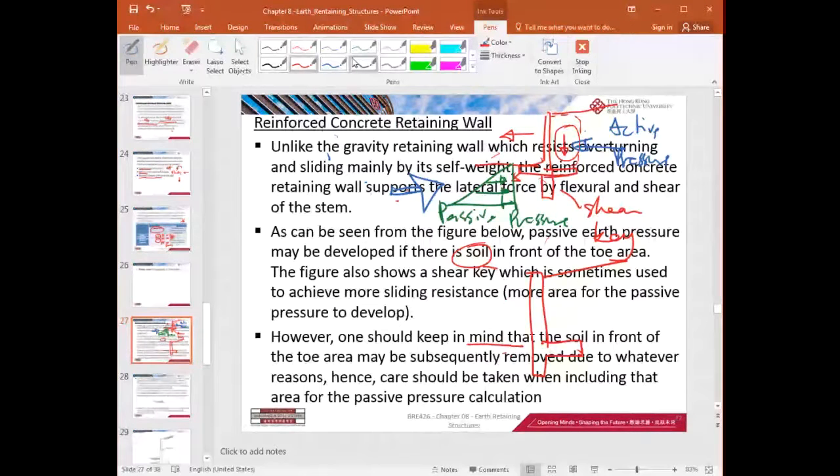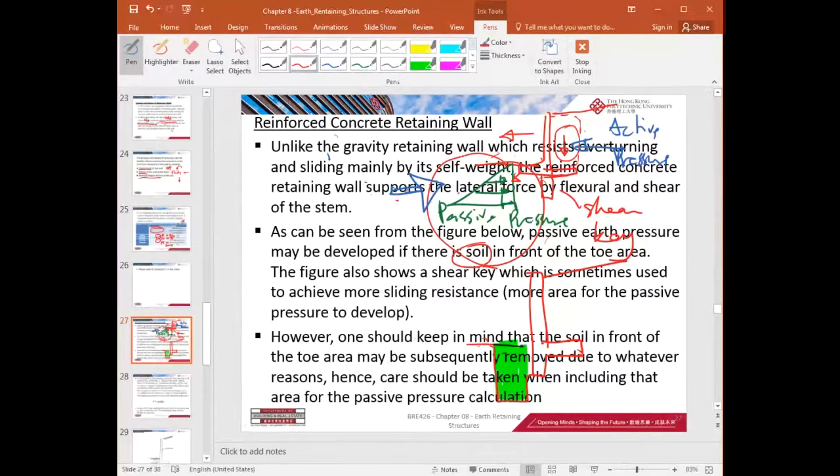Now suppose you are going to dig a trench here. What will happen? Because you are digging a trench in front of the retaining wall, all the passive pressure, right, gets lost. So the original horizontal resistance has been completely lost due to your trenching works.